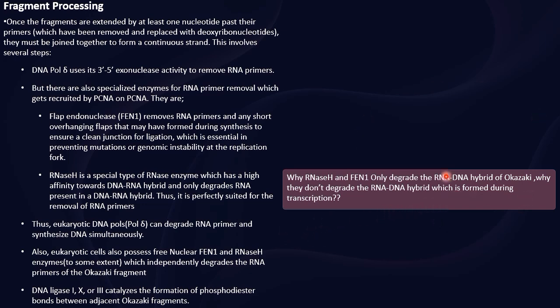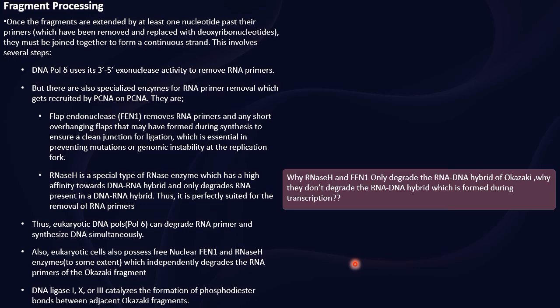That is, when a gene is transcribed by RNA pol, a DNA-RNA hybrid is formed, even though for a transient time, but it is formed. Then why don't these RNase H and FEN1 enzymes degrade them, but only degrade the primers present in the Okazaki fragment during the DNA replication process? I would encourage you to pause this video and think about it for some time.